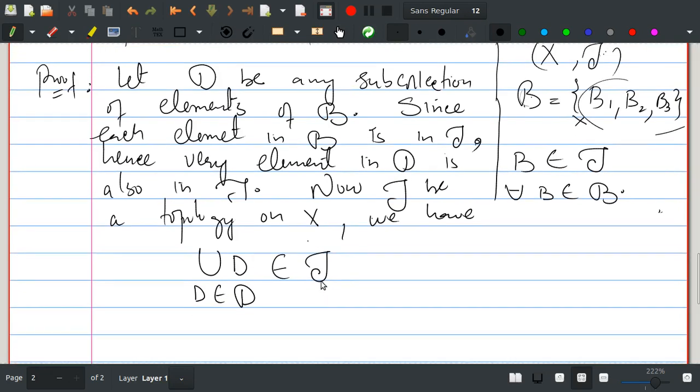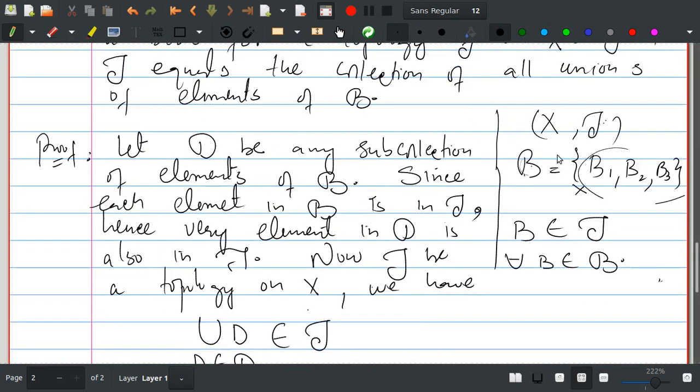So far we have proved that if I take any union of these basic elements, that union has to be an element of tau.